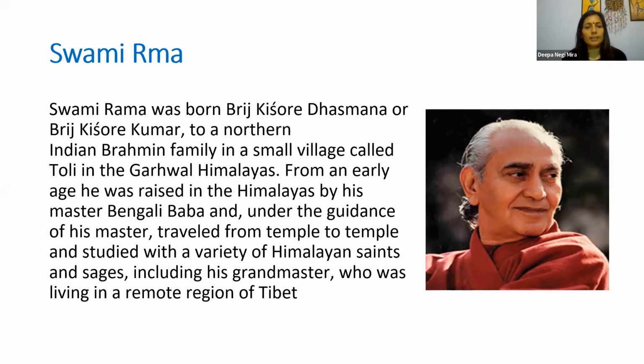In his early age he had a master called Bengali Baba, who was very famous and has ashrams in Bengal and also in Pushkar. He lived with Bengali Baba, traveled many places in India, met Himalayan sages, and even went to Tibet and learned from the Tibetan masters.